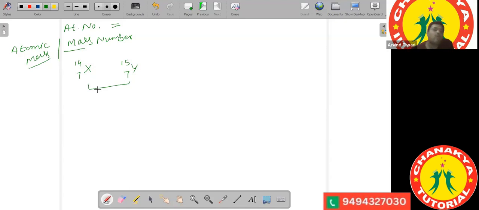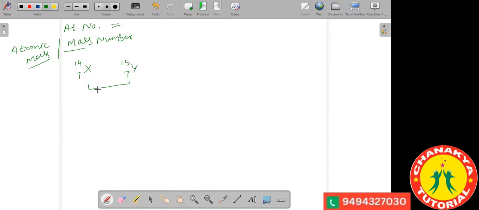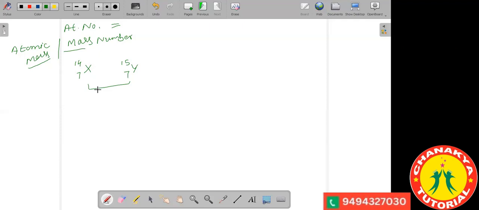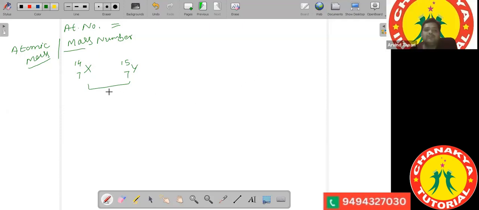Rikshit? So will they have the same properties or different properties? They'll show different properties. Okay. So why will they show different properties?